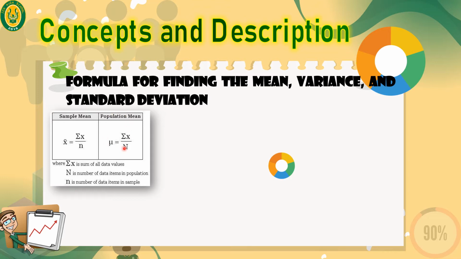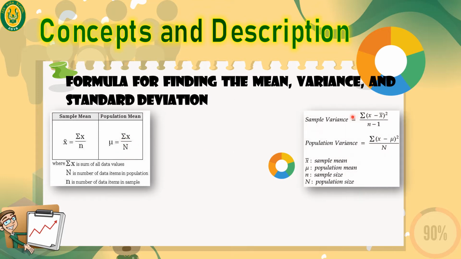If you'll notice, the population mean has also the same formula, but the x bar is replaced with the mu to signify that you are looking into the population. You'll notice as well that the symbol representing the number of items in the population is a capital letter N.